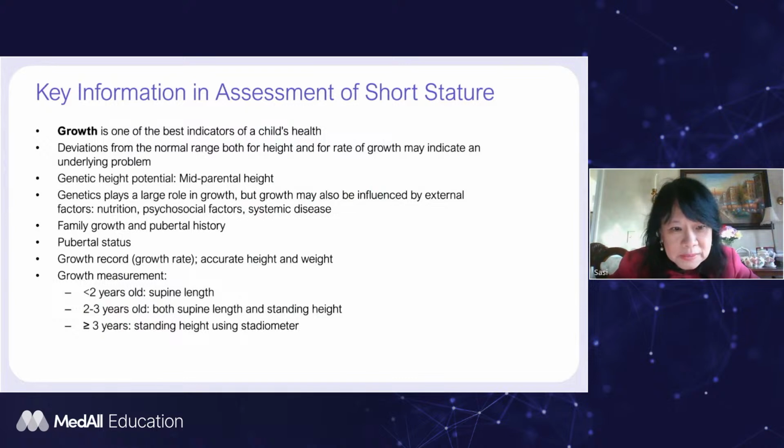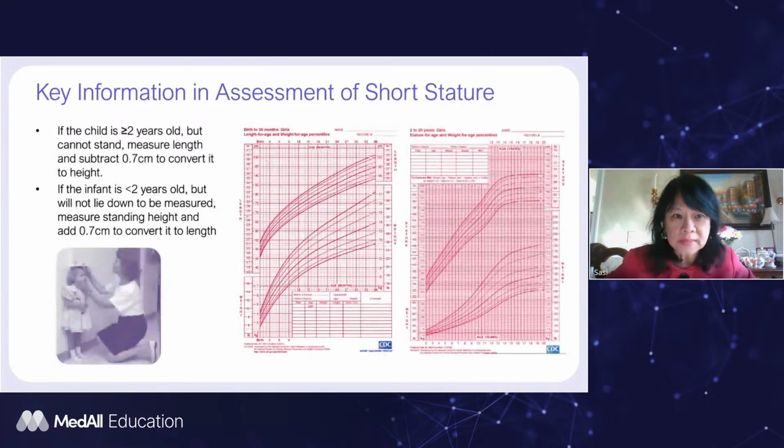The gray zone is 2 to 3 years. Sometimes the child might not want to stand up, or sometimes we get supine length, so we have to pay attention to this, because I found that it's a common pitfall in getting correct height measurement.